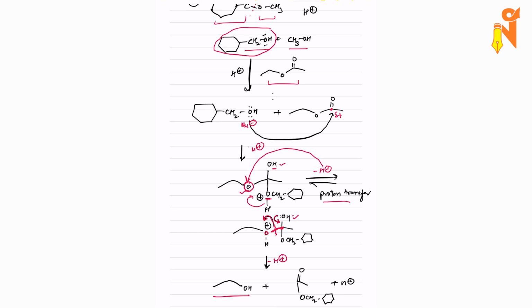So both ways it can happen, and this is the acid catalyzed mechanism. This is how we get the alcohol and the respective ester with a change of an R group. Here it was an ethyl group earlier, now it has CH2 and cyclohexane present, so a complete exchange of R group has happened.